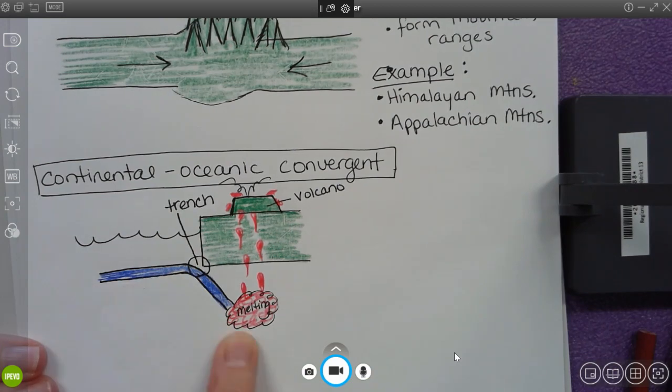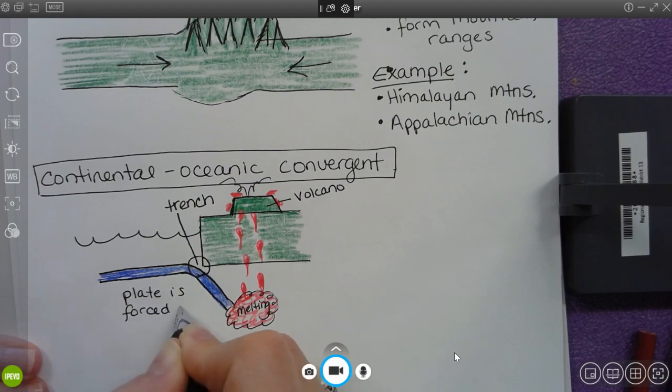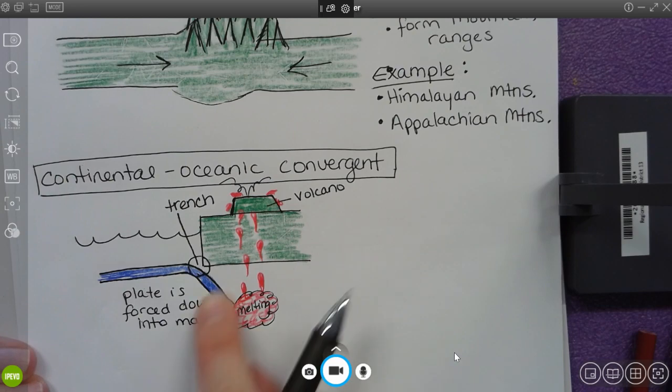And I just want to also put in an explanation of what happened here. So this plate was forced down into the mantle. Okay, and that's where it is exposed to that heat.